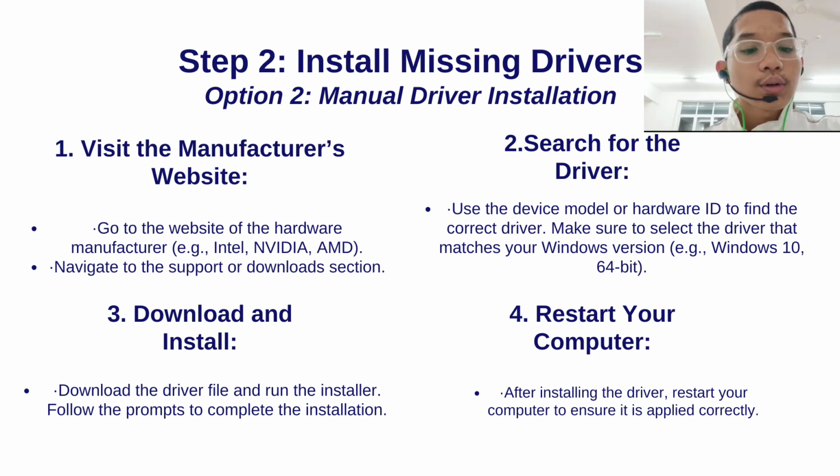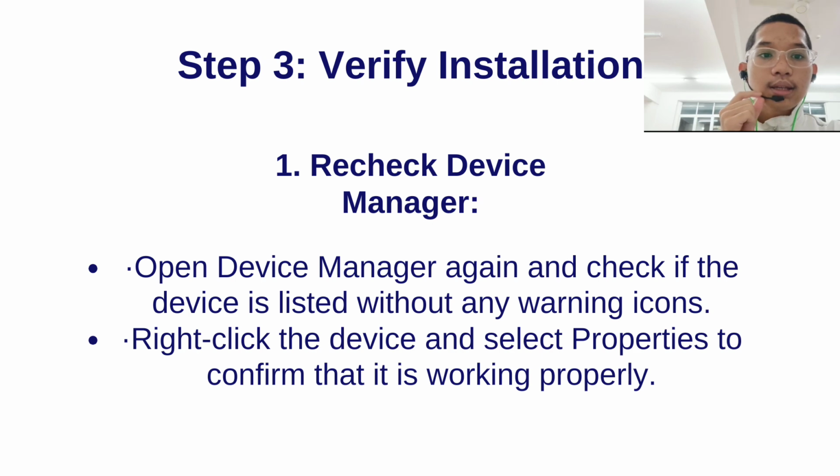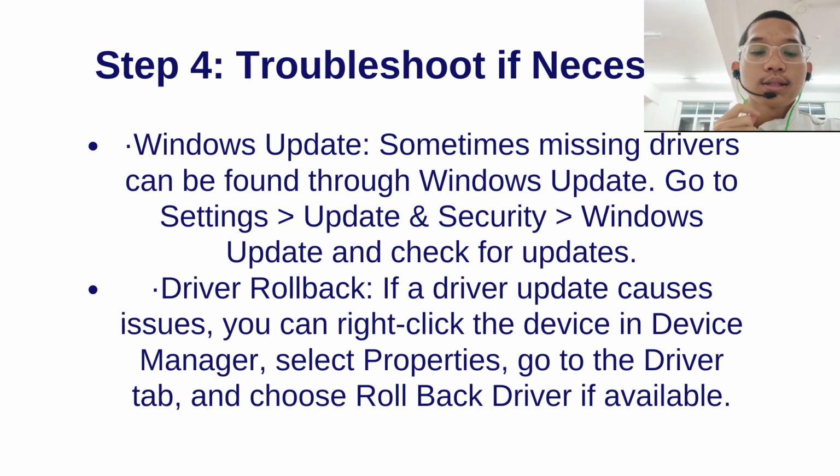Search for your device models. There are some cases that the device is built in the motherboard, so instead, you should search for the motherboard manufacturers. If this is not working too, you can go to the next step.